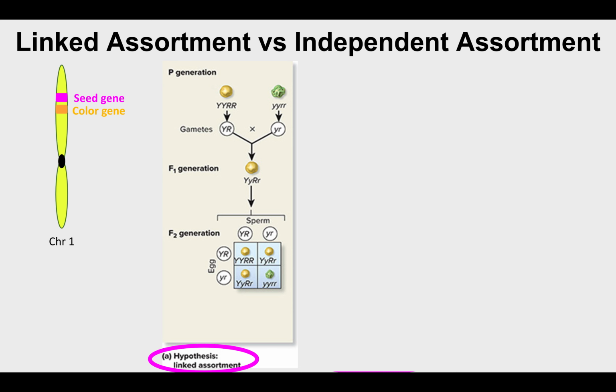The only possible combination of alleles that they can pass down is either going to be big Y, big R, or little y, little r. And they're going to create this F1 generation that is heterozygous for those genes. We have seen this thus far, so this is nothing new. But after this F1 generation, this is where we can start to pick apart linkage.